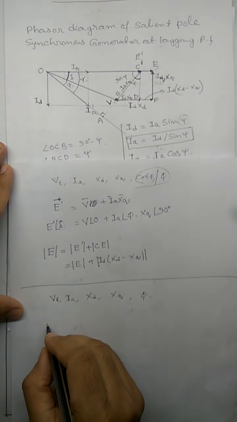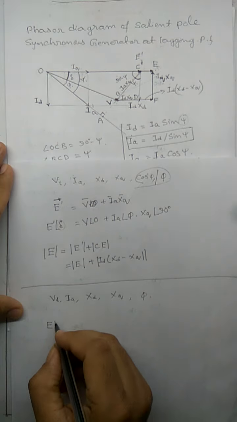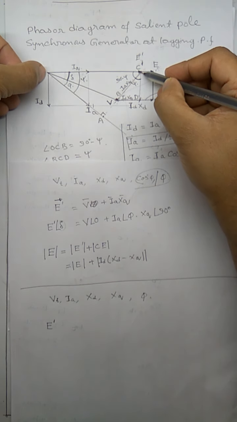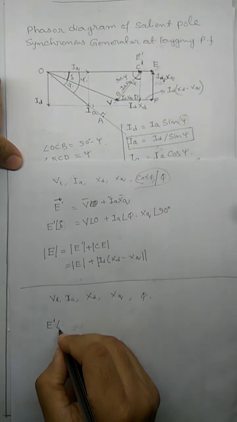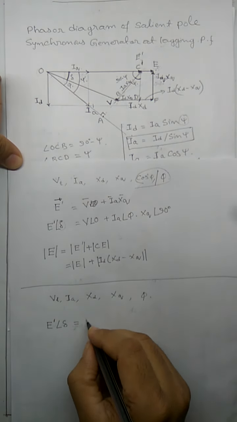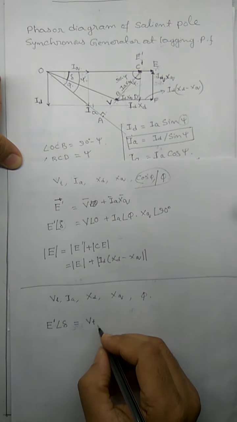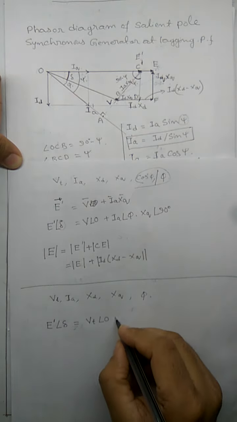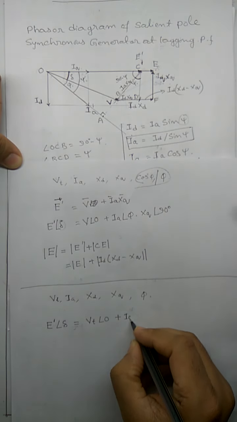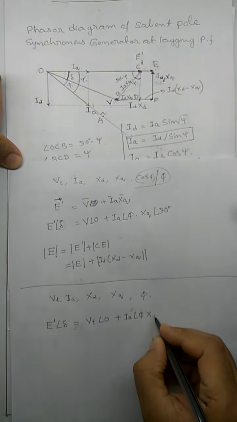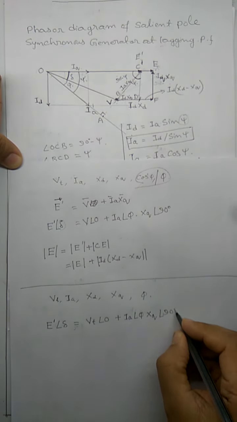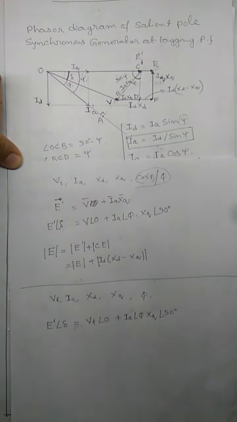The first step will be not to find E but to find E dash. What is E dash at an angle delta? That is equal to Vt at an angle 0 plus IA at an angle of phi into XQ at an angle of 90 degrees. Once we evaluate this, we find the angle delta.